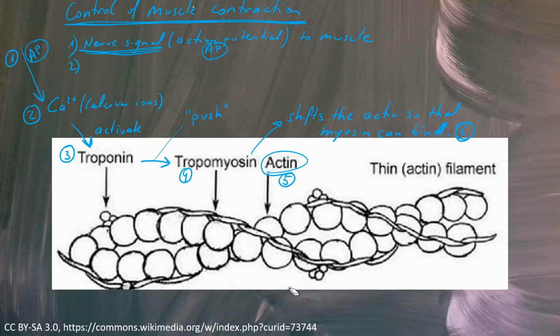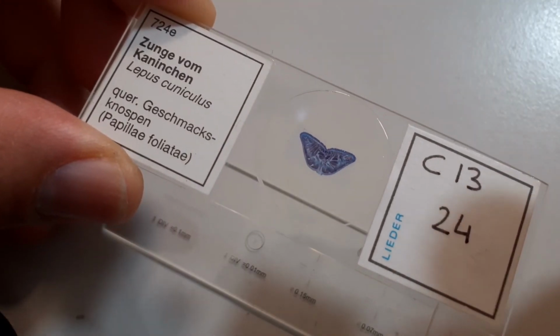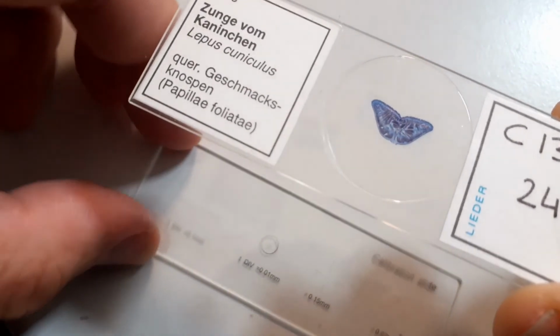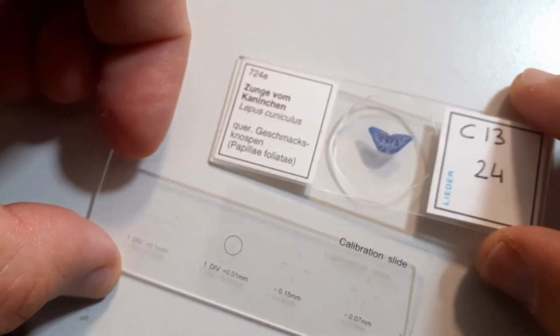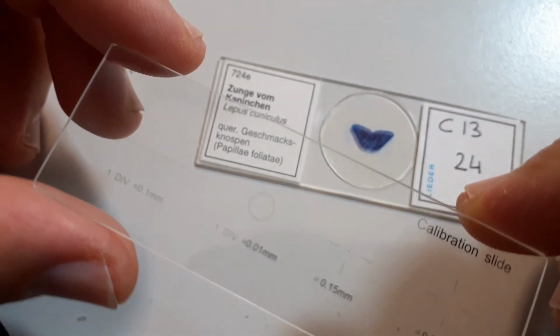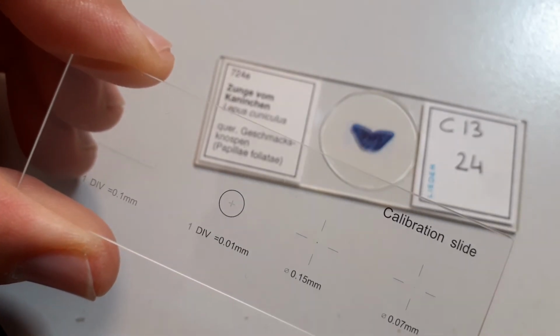So what I'll do now is move over again. This here is the microscope slide with the tongue of a rabbit, and of course this tongue contains a lot of muscles, so we'll be looking at this under the microscope. And this is a so-called micrometer slide or calibration slide, and it works a little bit like a ruler.